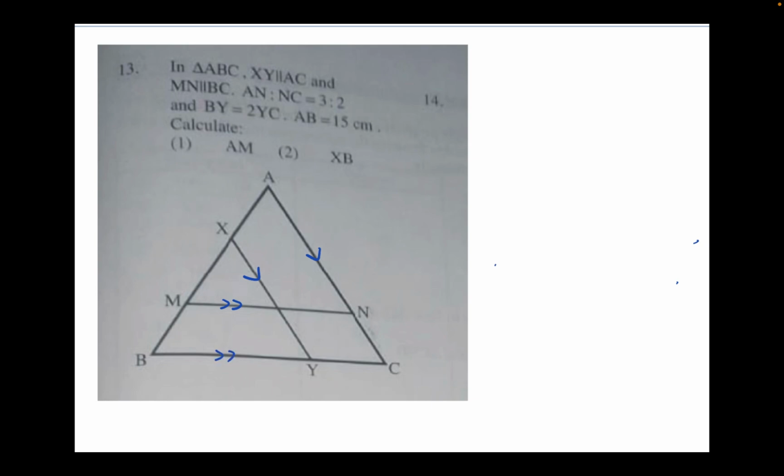So I am already thinking of the proportion theorem, which says that in a triangle, a segment parallel to one side in the triangle cuts the other sides proportionally.